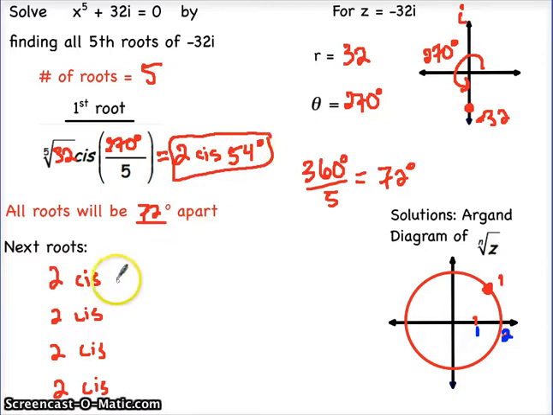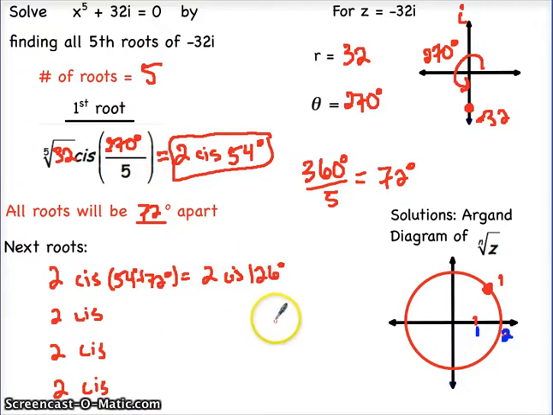So 54 plus 72 will give me my next one. So 2 CIS, and that comes out to 126 degrees. So I would go to 126, and I can plot this as my second solution. Then if I take 126 and add 72 more degrees, I'm going to get 198.